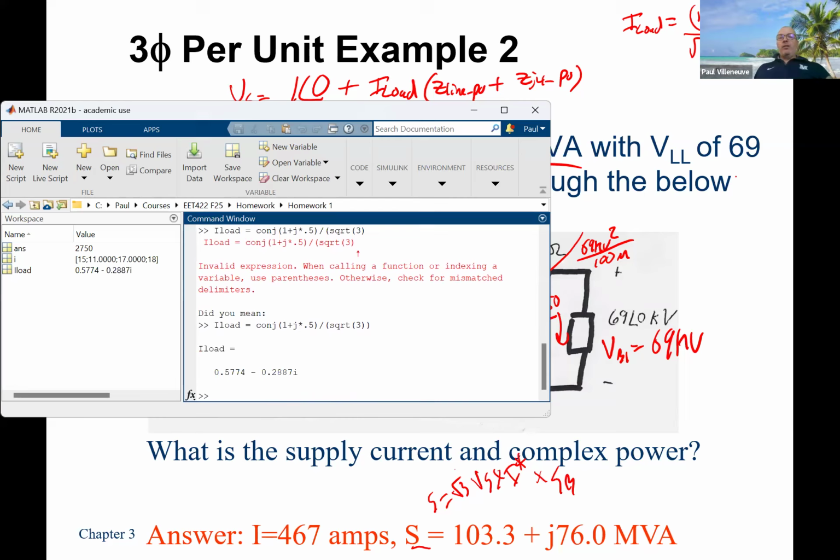So now I have my I load. If I want to solve for I out of the source, my I source, and that's going to be actual, is going to be equal to my load current multiplied by I base at the generator. So I base at the generator is SB over the voltage.